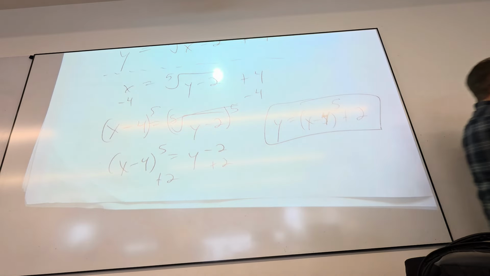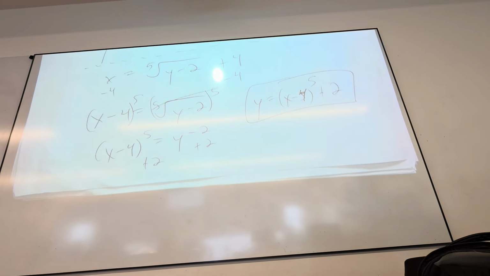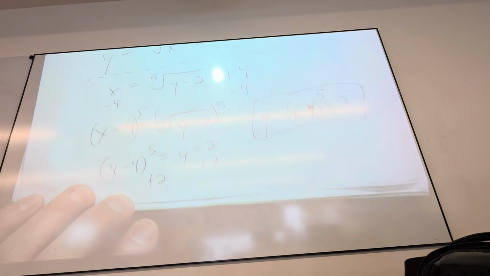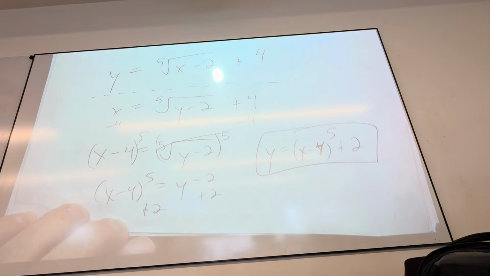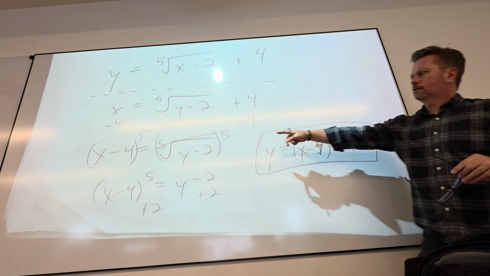So let me show you the correct way to identify this. You ready? I'm sorry, go ahead. So what exactly are we doing on the very last line where we're crossing something out? Here? Yes.